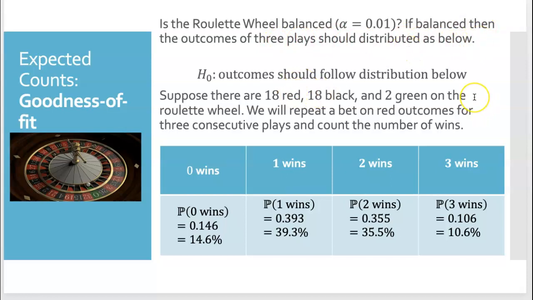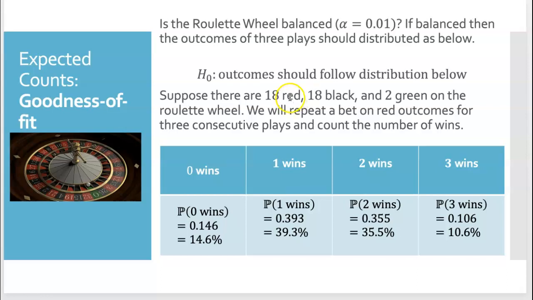We're assuming that the roulette wheel is balanced, so each outcome is equally likely to occur. We have 18 plus 18 plus 2 total outcomes, and each of these outcomes is equally likely to be observed. Therefore, the probability of red is roughly 18 out of 38, which gives us a 47.4% chance that it will be red.